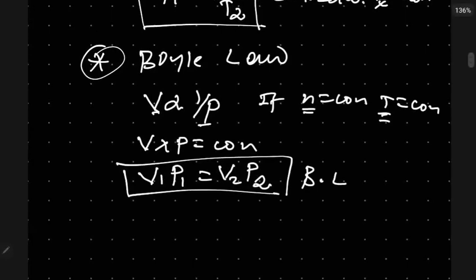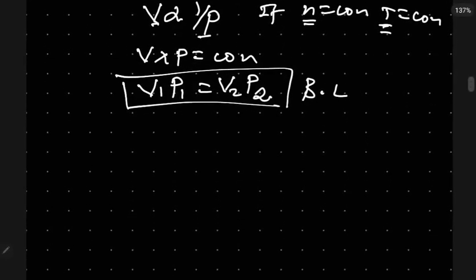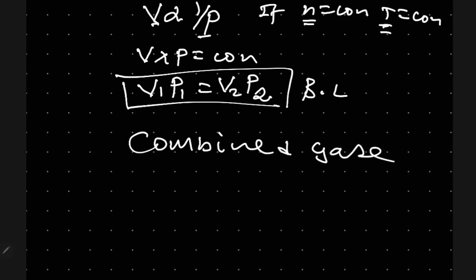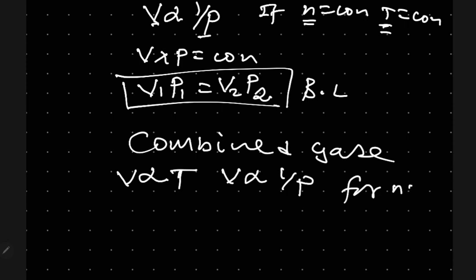Good. Before we go to the other variable, there's another thing called the combined gas law. The combined gas law combines Boyle's law and Charles' law, meaning the volume of a gas is directly proportional to temperature and the volume of a gas is inversely proportional to pressure for a constant number of mole.